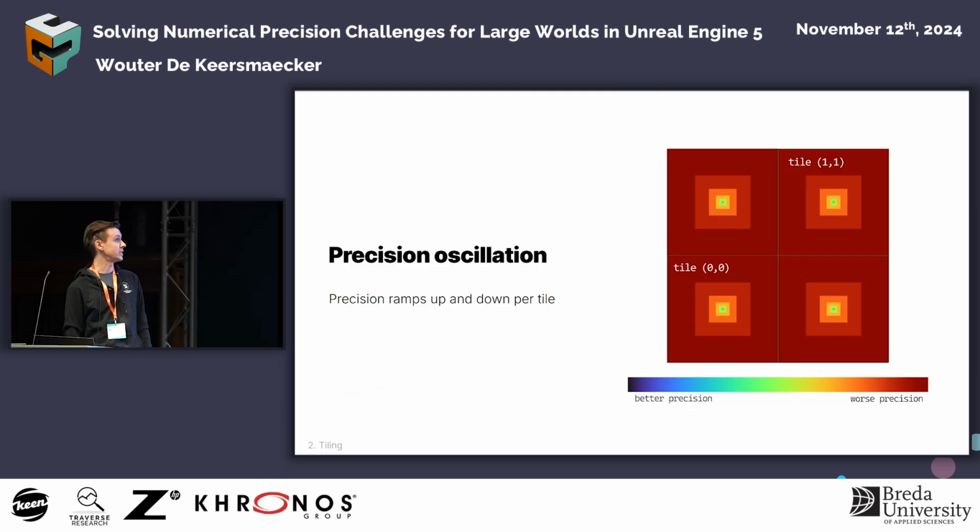Another annoying property that we saw is that your precision actually ramps up and down per tile. The value of the offset field of a point grows and shrinks as you move across the tiles, and precision will also grow and shrink along with that value. And so you end up with these islands of good precision amongst a sea of imprecision.